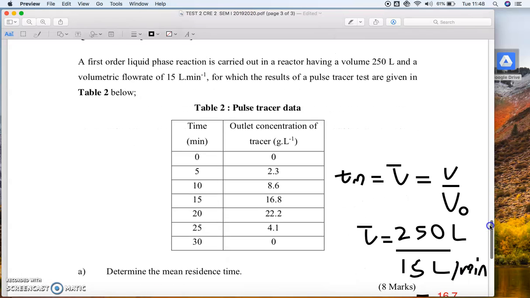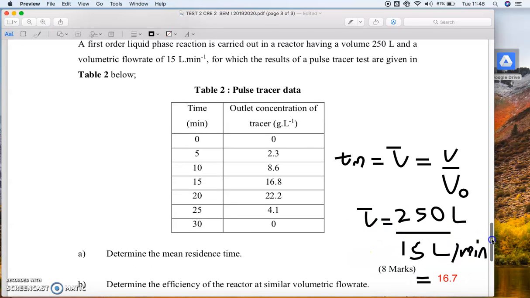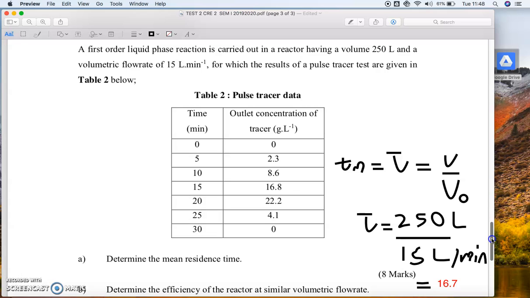Your tracer data run gave you tm of 16.3 just now, right? So what is the tm for this kind of reactor? You know that in a closed system, tm is equal to tau, and tau is equal to V over v naught, where V is the volume and v naught is the volumetric flow rate.